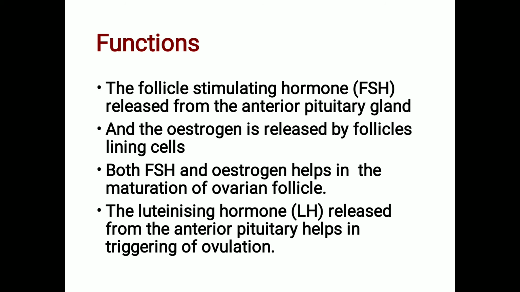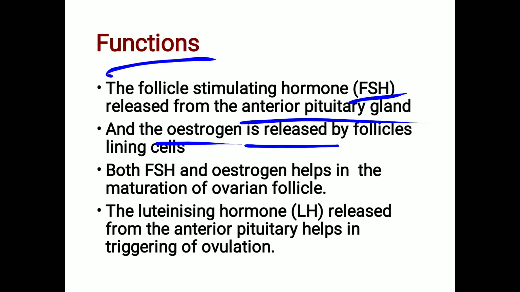Let's see the functions of the ovary. The follicle stimulating hormone, otherwise called FSH, stimulates the follicles, and it is released from the anterior pituitary gland. Estrogen is released from the follicle lining cells.